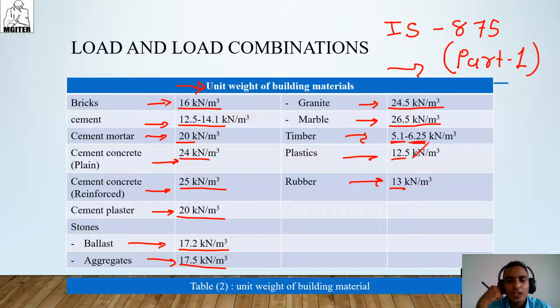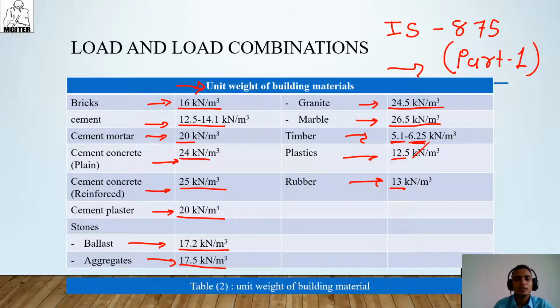Okay, I am just giving some important materials which we are using these days, but in this code we have lots of materials. You just read it. We have all the materials in this code.